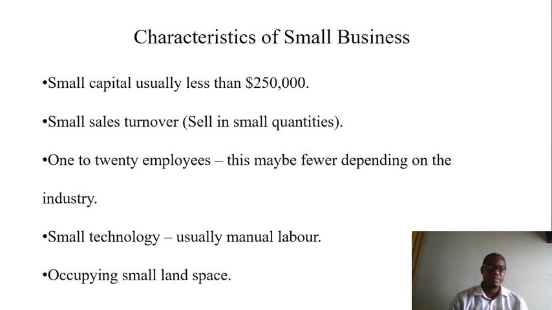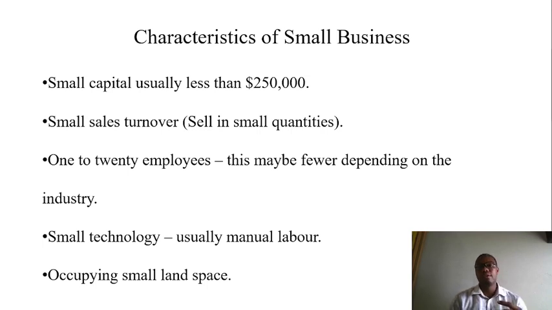That figure is probably too small in today's world, where we have small businesses using up to $1 million. But the point I'm trying to make is that you have a small amount of capital. You also have small sales turnover, which means that they sell in small quantities. So small businesses don't normally sell in large quantities.